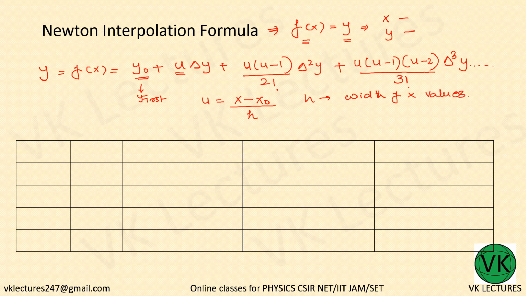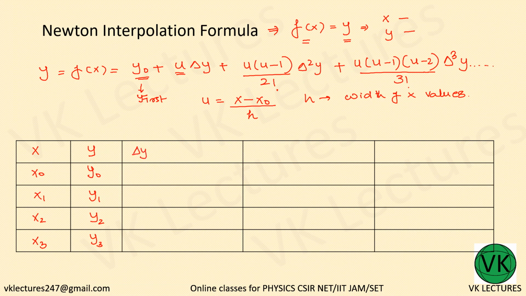Now here we have the x and the corresponding values of y. So x naught, x1, x2, x3 are the values given for the x, and corresponding values for y are y naught, y1, y2, y3.